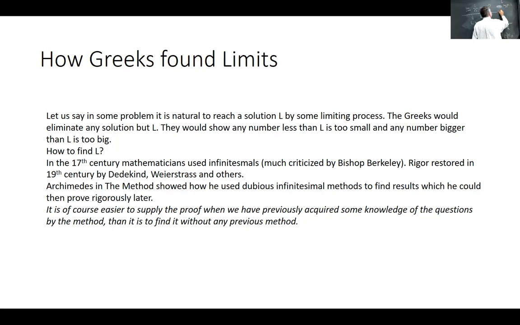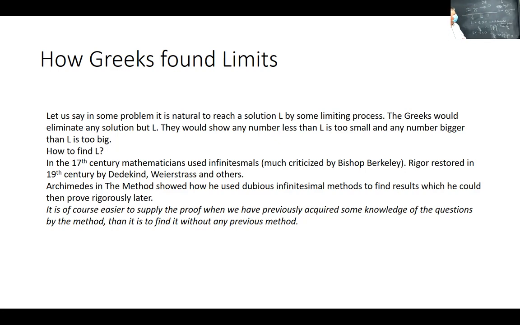Then you assume greater than L, and get a contradiction. And then by the law of trichotomy, i.e. if you've got two numbers A and B, either A is less than B, A equals B, or A is greater than B, you can assume that the answer is L. And that's how they got around doing infinite things.